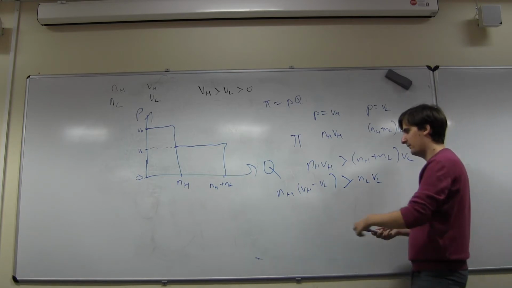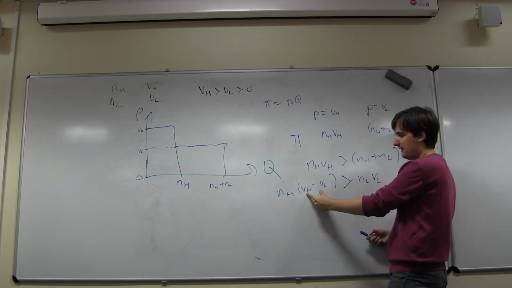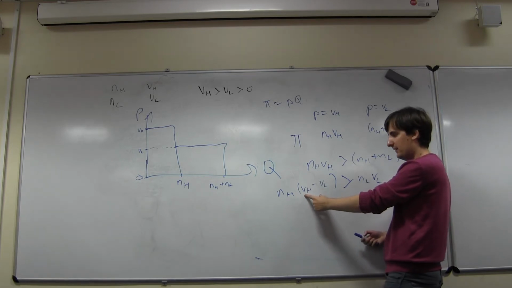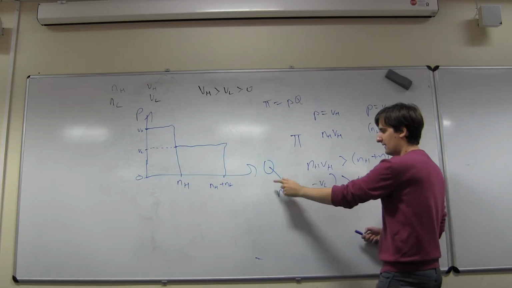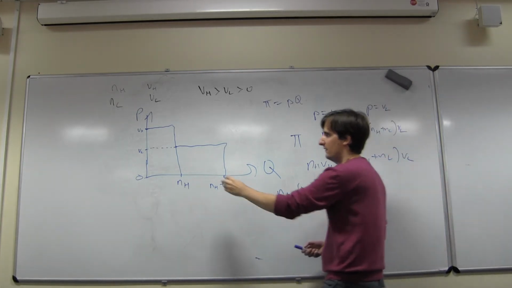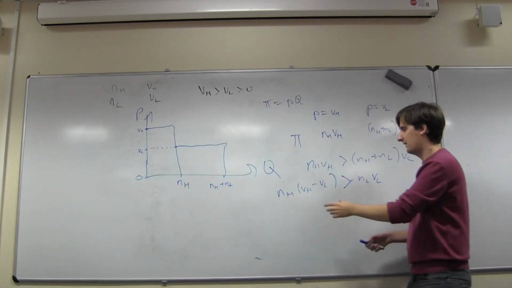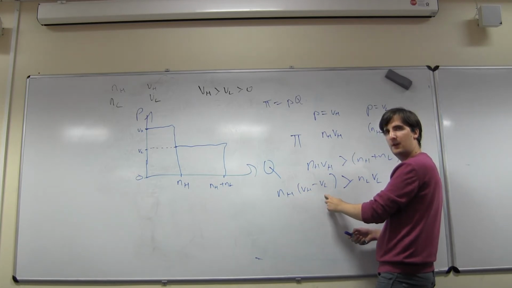So there's some intuition we can get out of this equation. This is the difference in the prices that the high and low consumers are prepared to pay. This is the number of high consumers. So this is this area. It's the value gained by selling to the high consumers at the high price rather than at the low price.